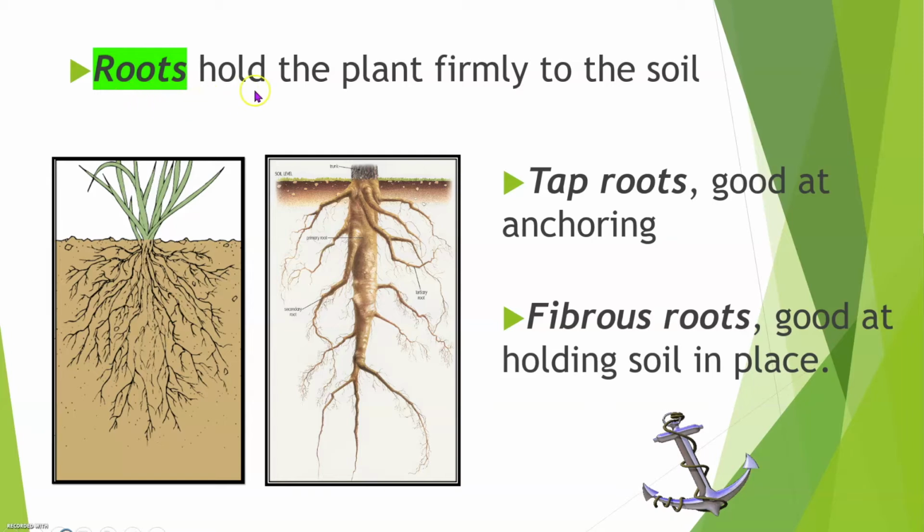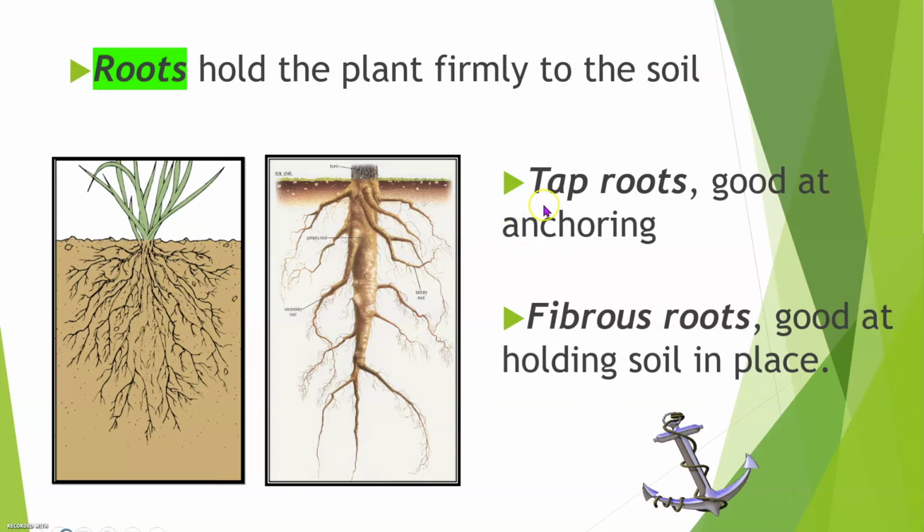So roots hold the plant firmly to the soil. It means that the roots are responsible for holding the soil together. That's why the plant cannot be moved or blown away by water or wind, because the roots are holding the soil together.